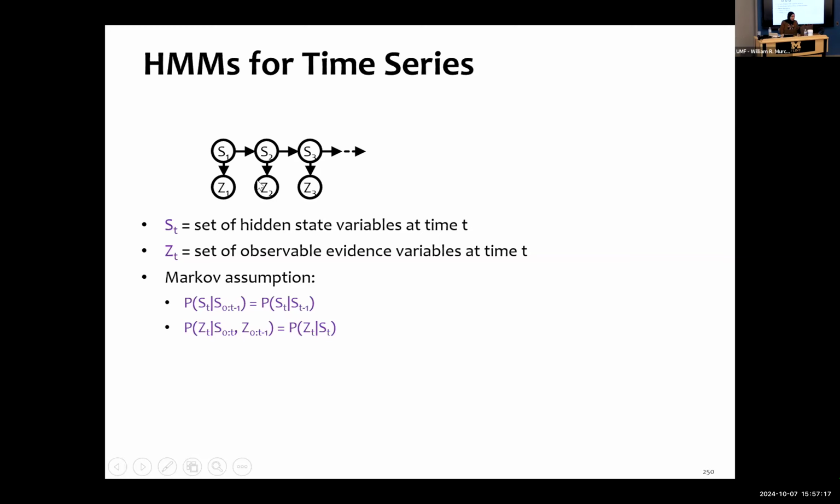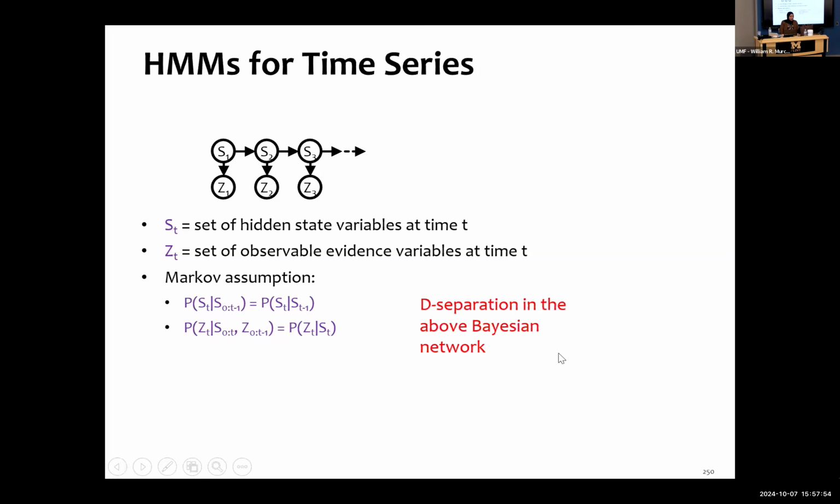This is also valid for Z, meaning what we are applying is for both hidden and observable probabilities, okay? The probability of Z_t given S from 0 to t and Z from 0 to t minus 1, means for Z we have both pieces of information. In all cases, we only care about one, which is the probability of Z given S at the current time step, okay? So this is simple.